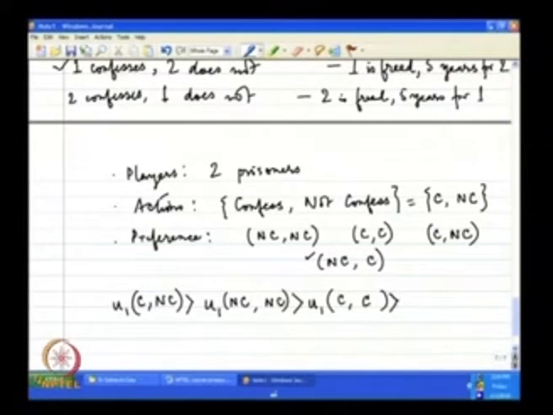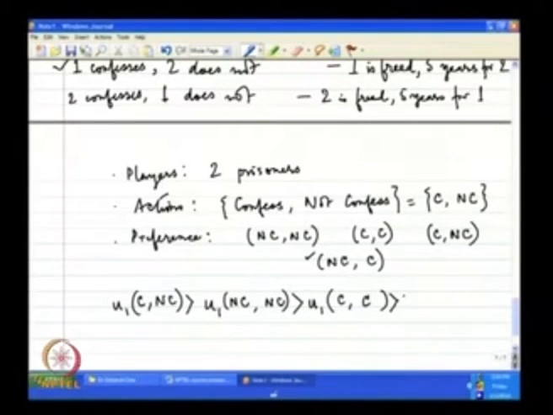And the worst possible case is that the first player does not confess, but the second player, his friend, is confessing. So this is the case where the second player, who was the partner of the first player, is ditching him, cheating him. He is not only getting scot free, but he is putting his friend in jail for 5 years.